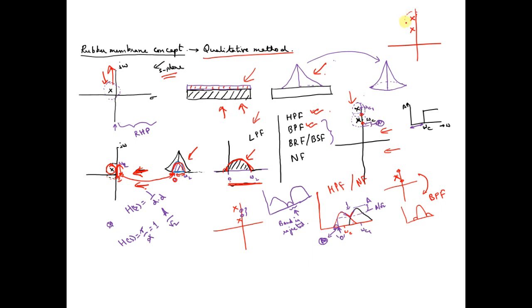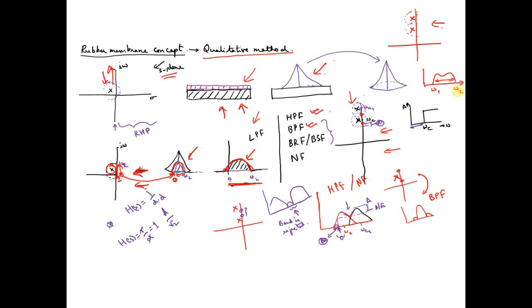If you draw this and look from here, you will get something like this. This forms a band pass filter because it is allowing only some frequency components in the region of omega 1 and omega 2 to pass through. Okay, so it becomes a band pass filter.